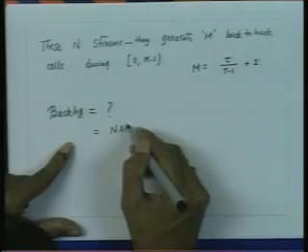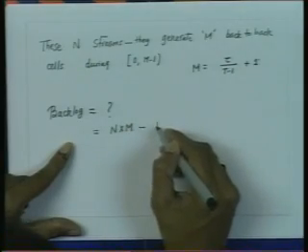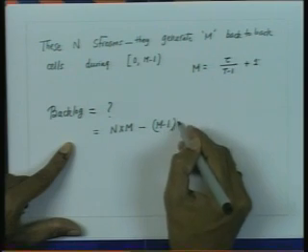How many cells have been transmitted during the interval 0 to m minus 1 by the transmitter? The transmitter is transmitting C cells per unit of time. So the transmitter has transmitted m minus 1 into C. Therefore the backlog is n cross m minus m minus 1 into C.